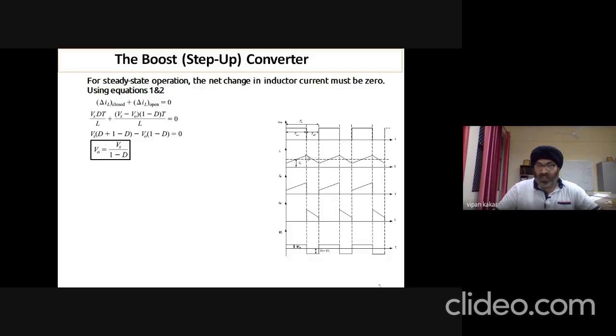So this is the ramping up of the inductor current, the coil current, and the ramping down of that coil current, repeating itself. This is continuous mode of conduction. The current never goes to 0, continuously flowing, ramping up and ramping down.